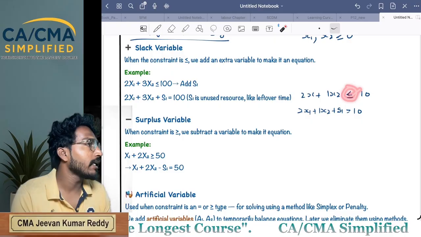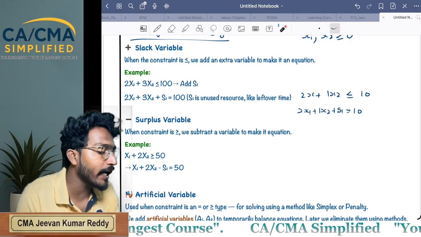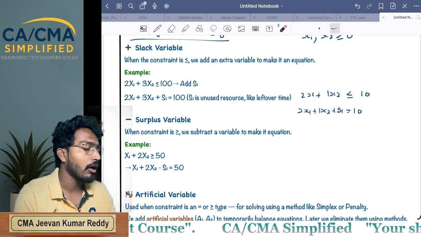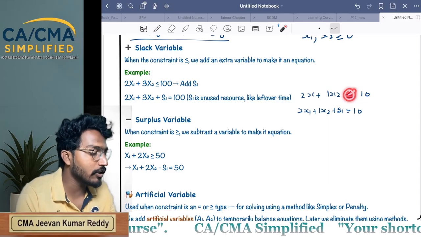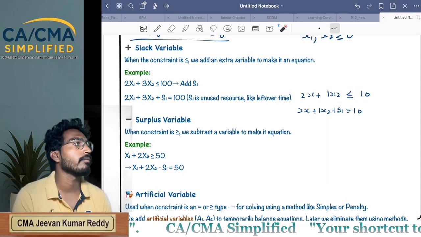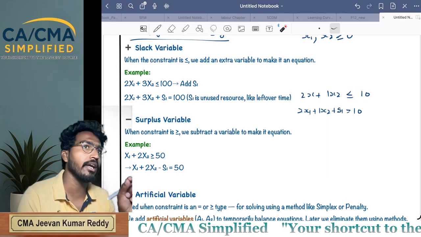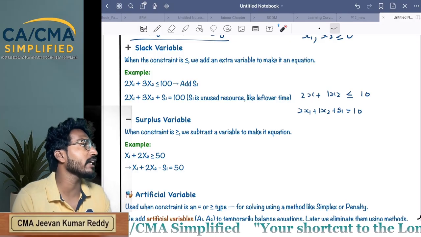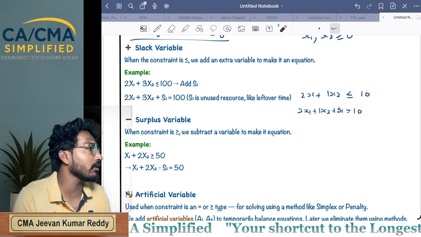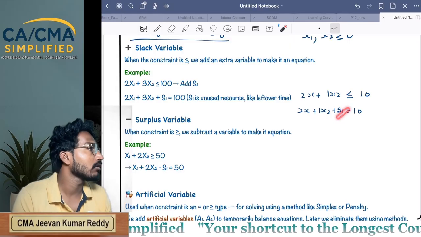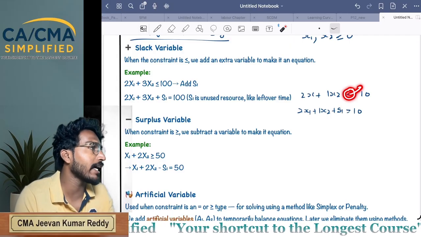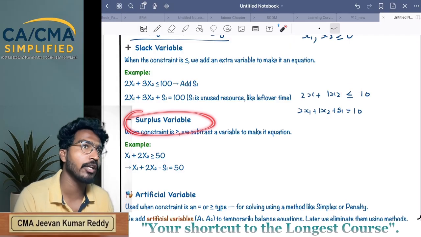We removed the less than symbol and we added s1. The amount of less than is equal to s1. To make it a good, solvable equation, we added s1 and removed the less than symbol.